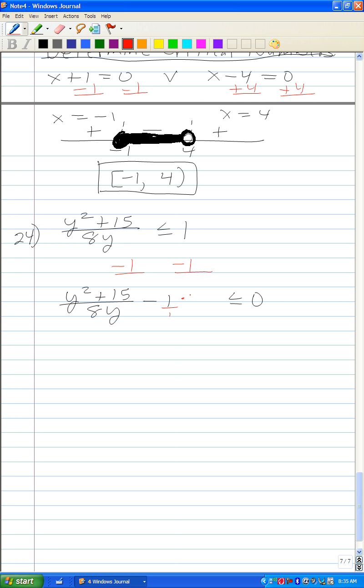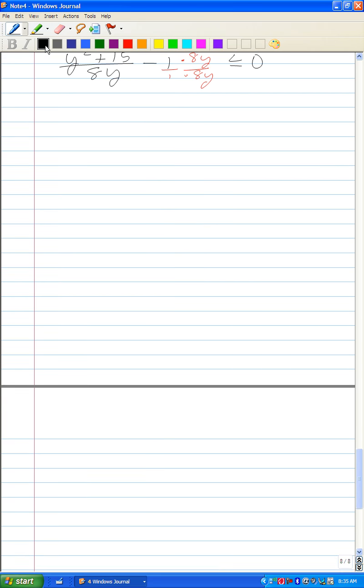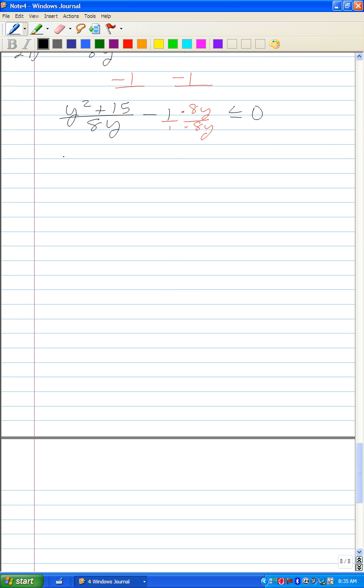The common denominator is 8y. So let me multiply and divide by 8y. So I have y squared plus 15 over 8y minus 8y over 8y less than or equal to 0.